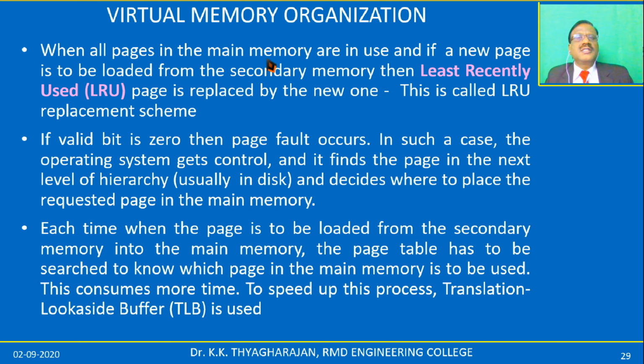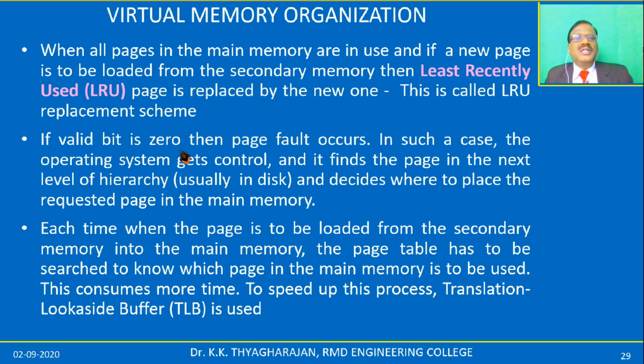When all pages in the main memory are in use, and if a new page is to be loaded from the secondary memory, then the least recently used page is replaced by the new one. This is called the LRU replacement scheme.